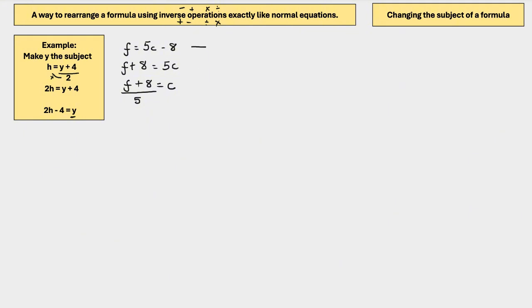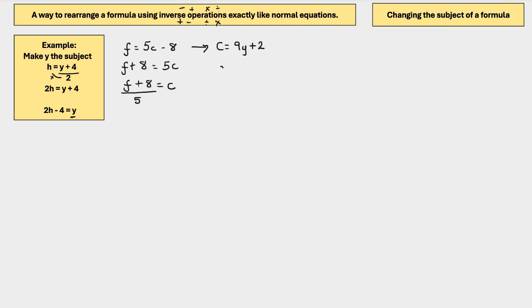Right, next one. Let's make y the subject. So we've got to get y on its own, and the question is C equals 9y plus 2. So what I'm going to do is deal with this first.